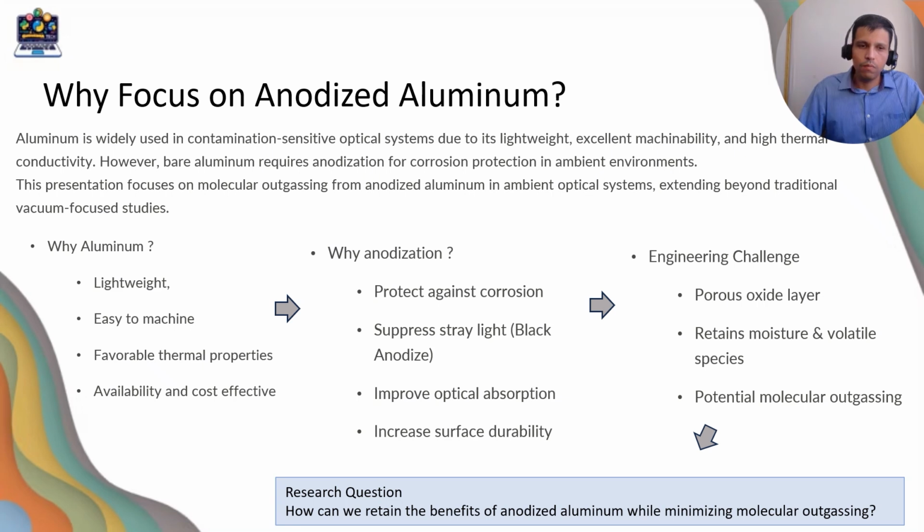If the environment is vacuum, bare aluminum is used directly. But when it comes to an ambient system, where atmospheric air is present, using bare aluminum has an additional challenge called corrosion, and the color of the aluminum also has a higher reflectivity.